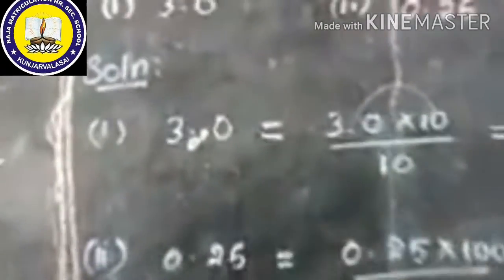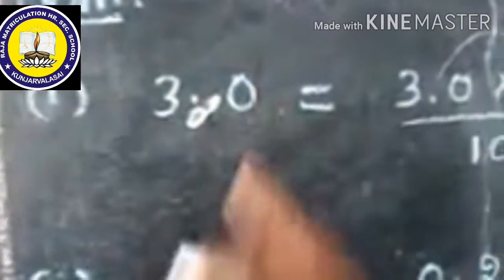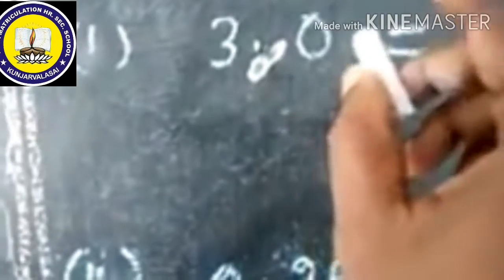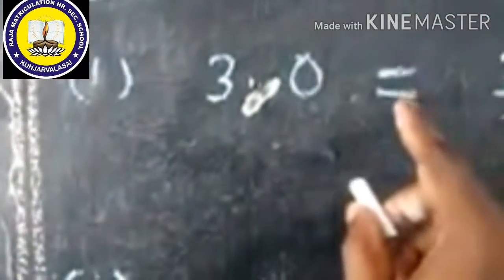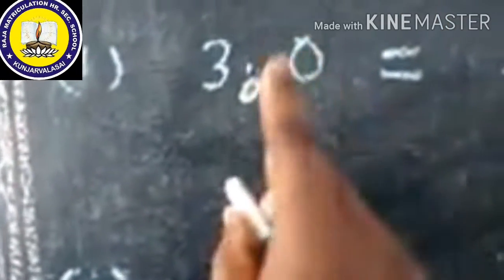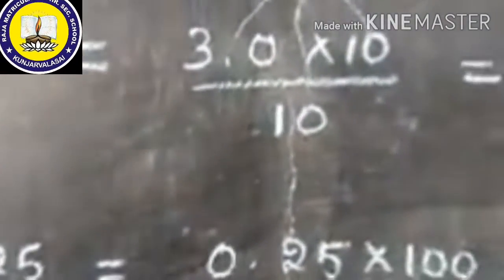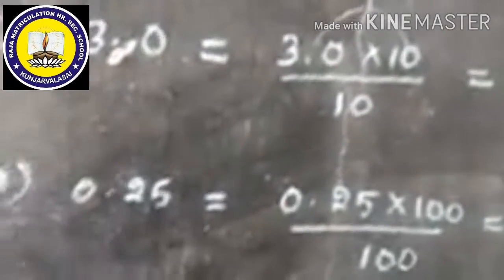Then how do we change a decimal number into a rational number? Here we take the first question, 3.0. Listen carefully. Observe that from the right side the decimal point is placed in one place. So we multiply by 10 and divide by 10. Why do we multiply by 10 and divide by 10?